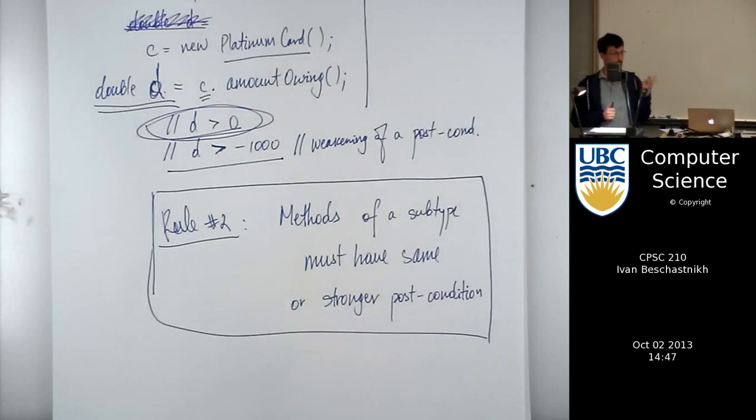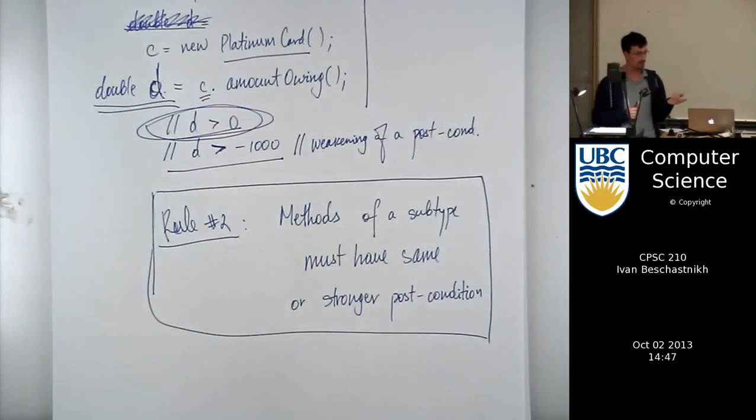So it has two parts to it. The first one says that if you have a subtype and it defines a method that's also in my supertype, then I must either keep the same precondition, or I could weaken it, and I must keep the same postcondition, or I must strengthen it.